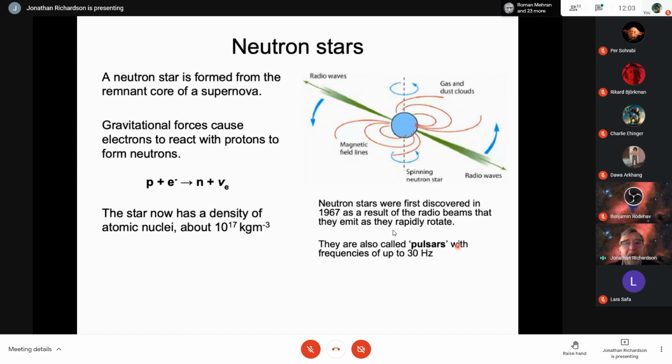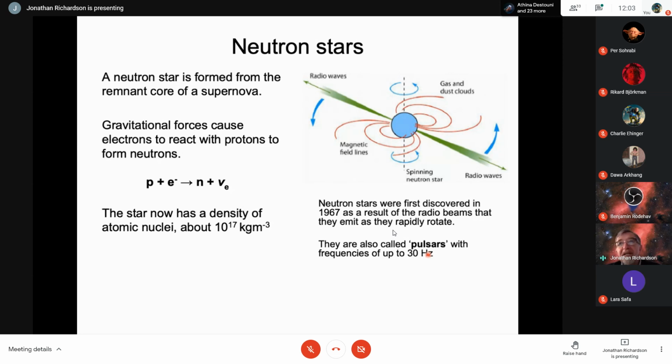But in that equipment, they detected a radio signal that was rotating about this axis just here around 30 times per second. And that was the first event that was recorded as what we called a pulsar.